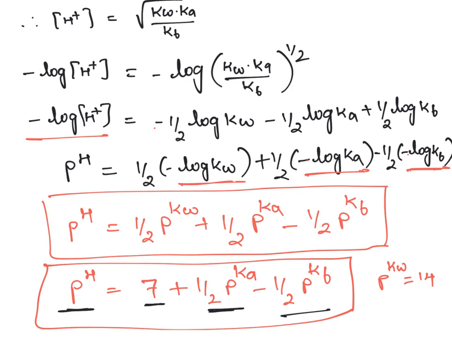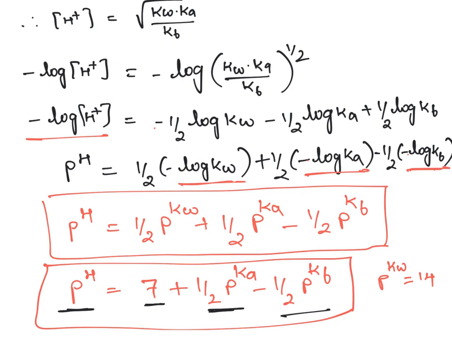If pKa is more than pKb, that is the acid is relatively weaker than the base, then the solution will become alkaline. If pKb is greater than pKa, then the acid is relatively stronger, and the solution will become acidic.